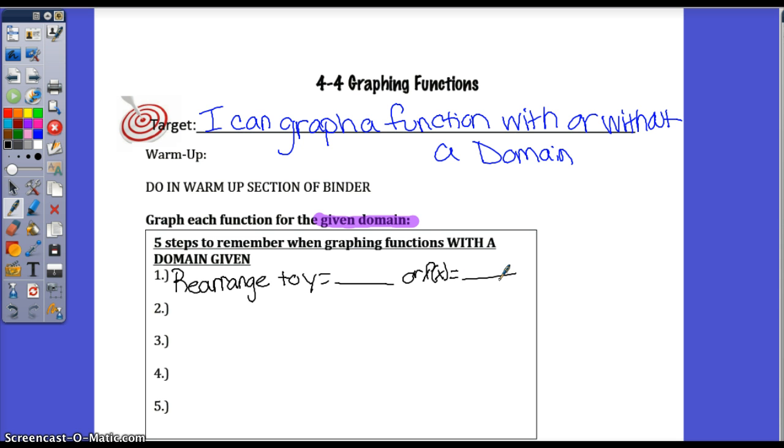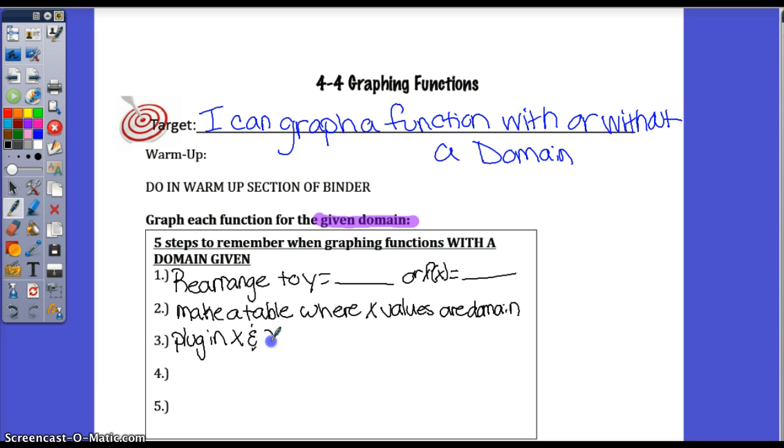After you do that, you're going to make a table where your x values, well, your domain is your x, so your x values are your domain. Step 3 is to plug in x and simplify.